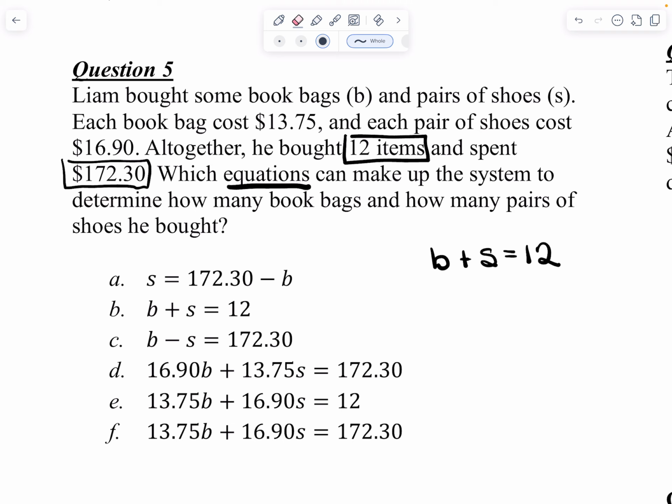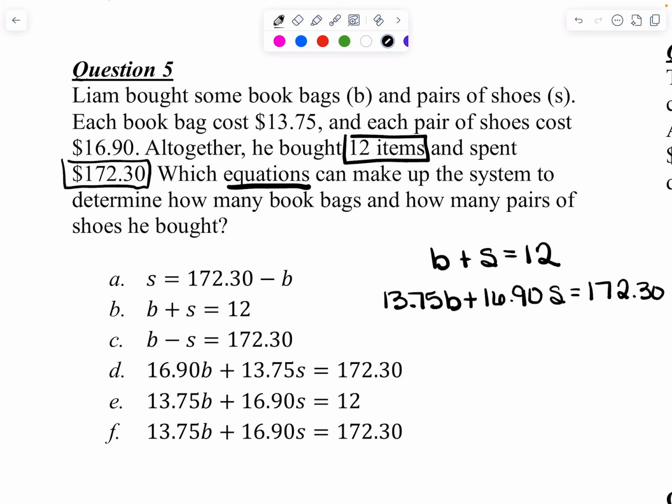Book bags cost $13.75 for however many book bags he bought, plus the shoes cost $16.90 for however many shoes he bought, and the total that he spent was $172.30. Now that I have my 2 equations, now I can go look at the answers and say which equations fit what I need.